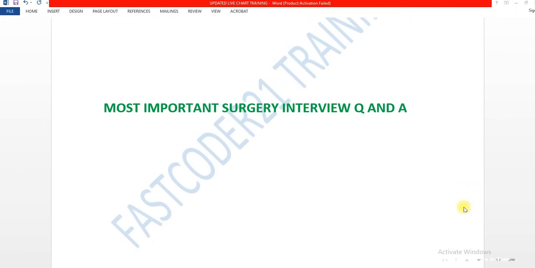So anatomy is sometimes important here. Next, what is the difference between vertebral segment and vertebral body? Vertebral body is the rounded portion of the spine.